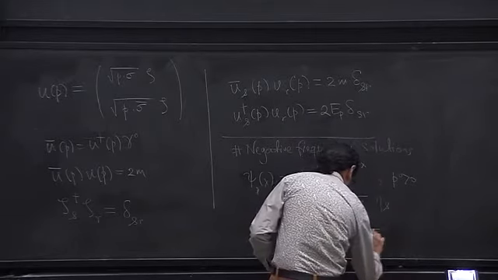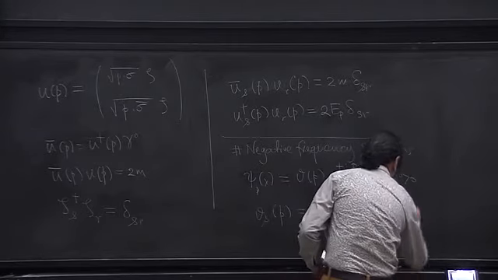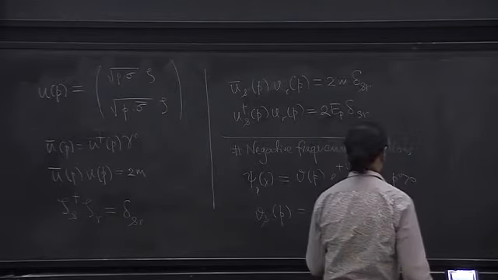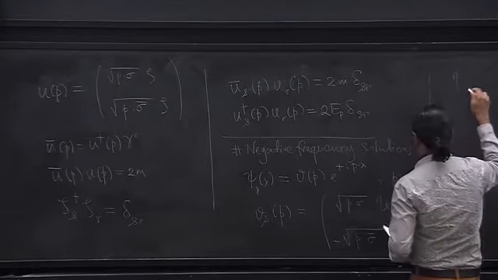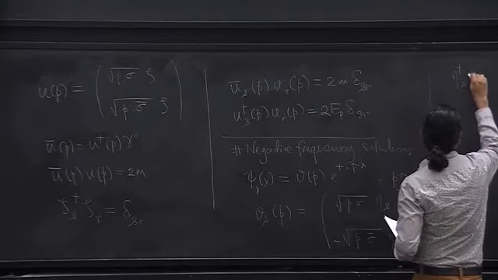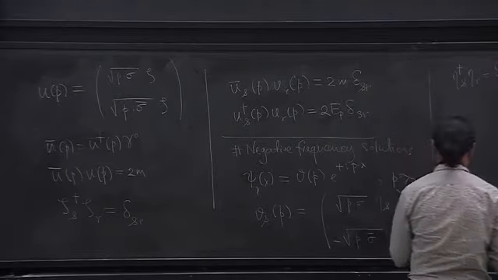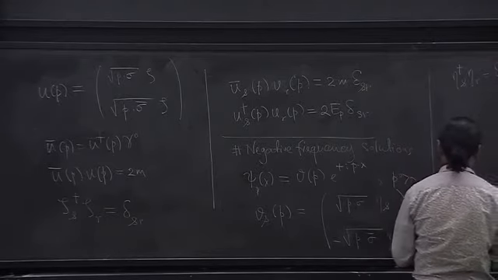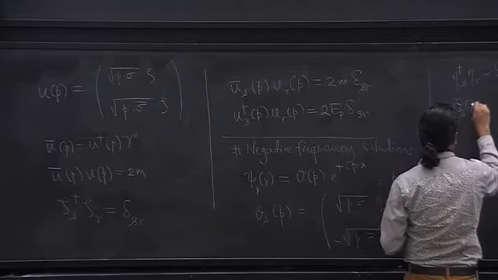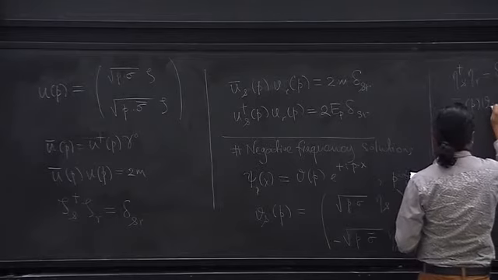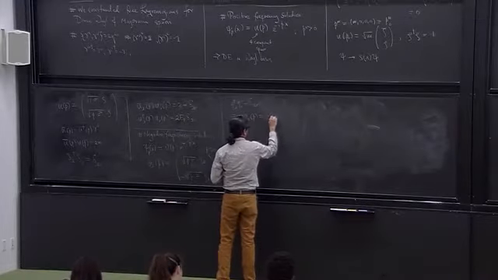And there's a minus sign here. Similar to the other case. And therefore, we should get two linearly independent v spinors. There's a minus here.